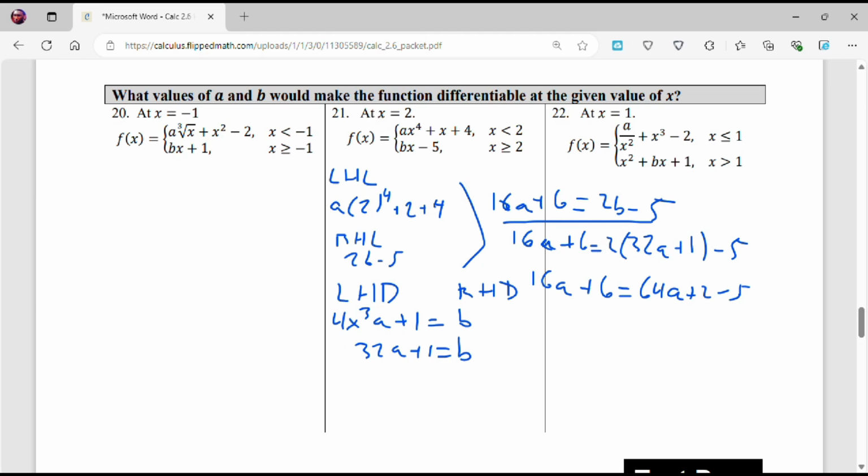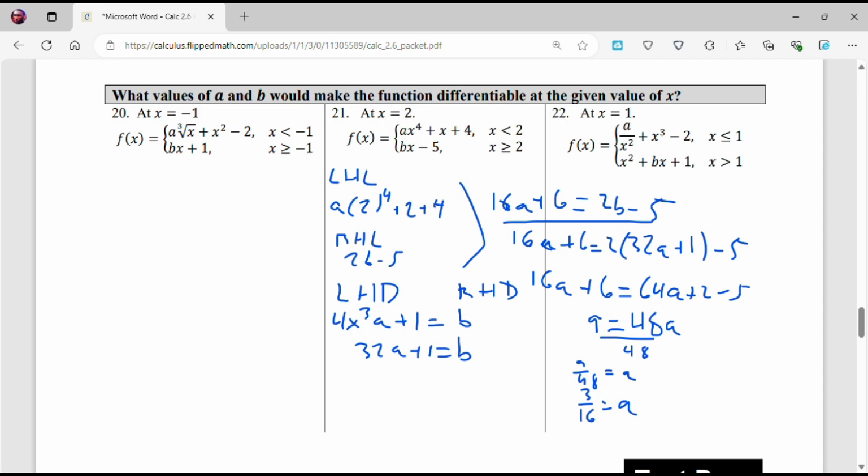Now we bring the constants to the left. 6 minus 2 is 4, plus 5 is 9. Bring the a's to the right side, so you subtract 16a on both sides, you get 48a. Divide by 48, you get 9 over 48 equals a. You can reduce that, divide by 3, you get 3 over 16 equals a.